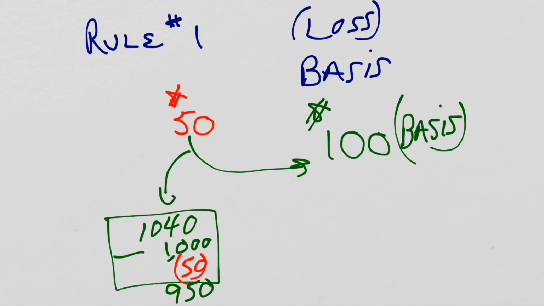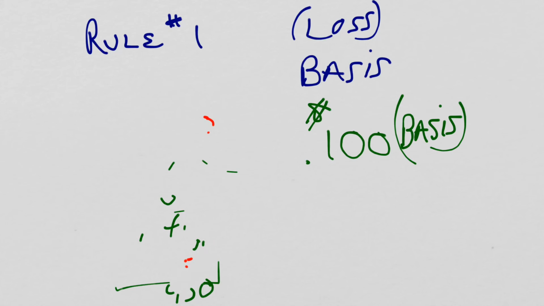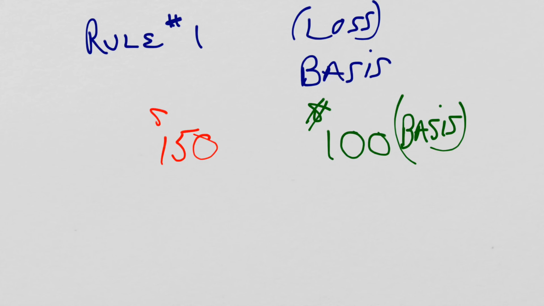Now let's do another example, sort of same idea, but different numbers. And this time we'll come in with a loss of 150. So we can do the same thing. We look to basis. Oops, we only have 100.